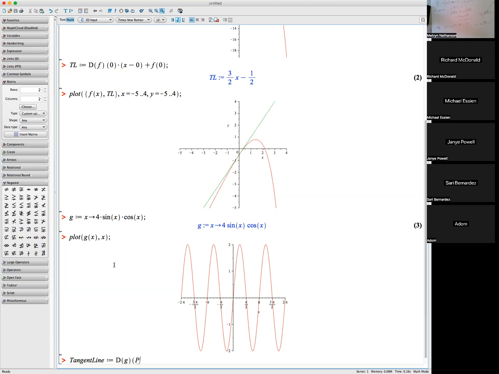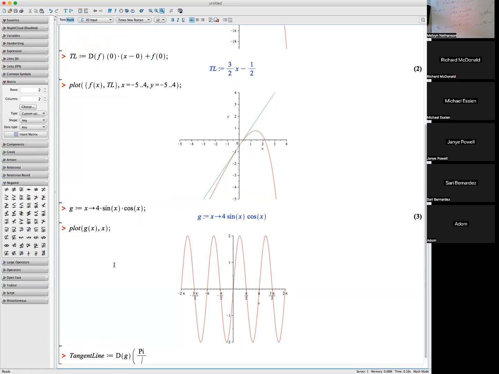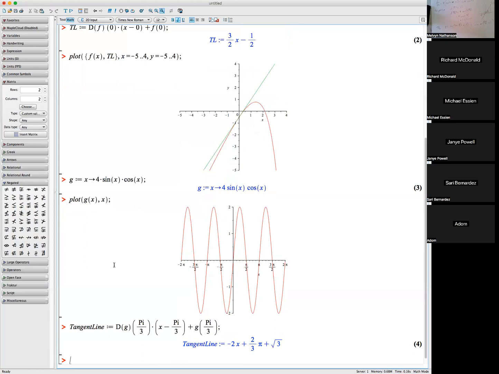Pi in Maple is capital P lowercase I. Times x minus pi over 3 plus the value of the function at pi over 3. Looks like just what I got before.